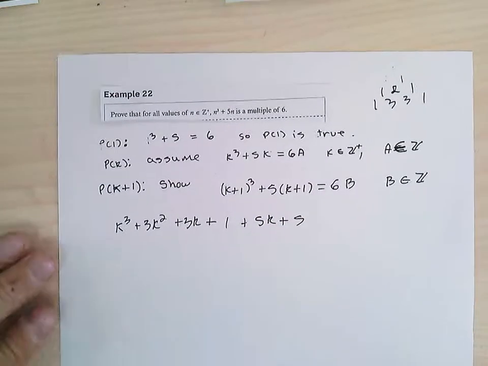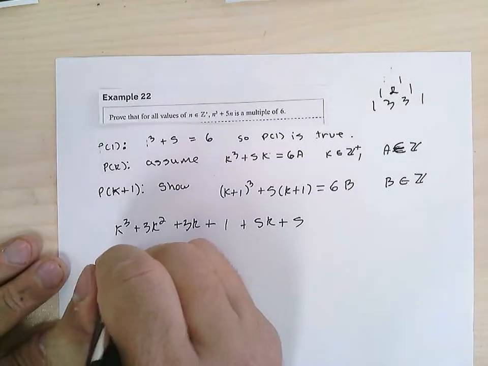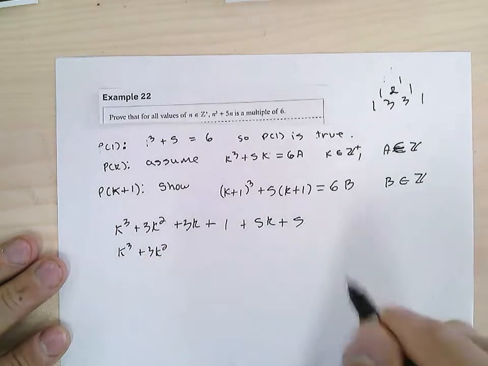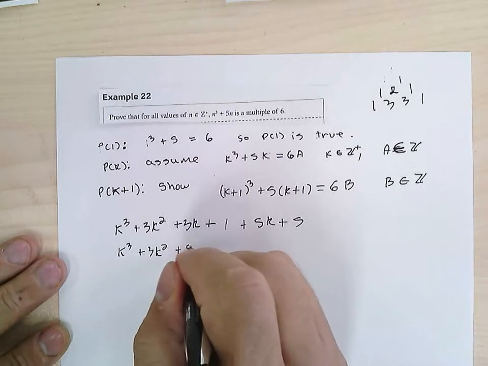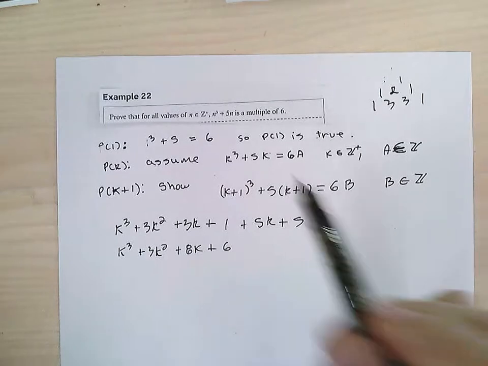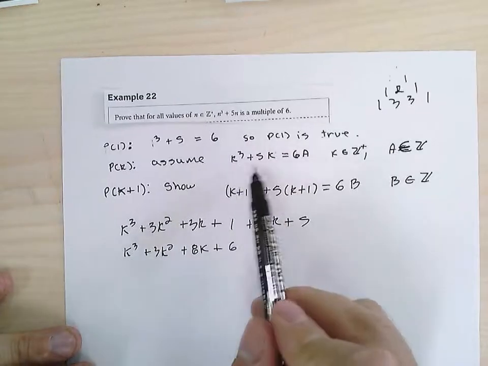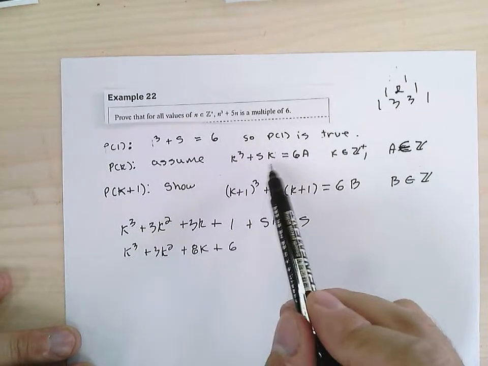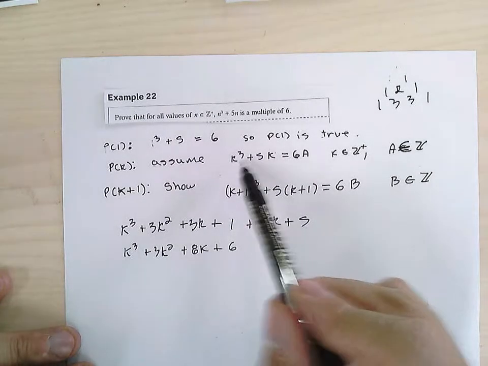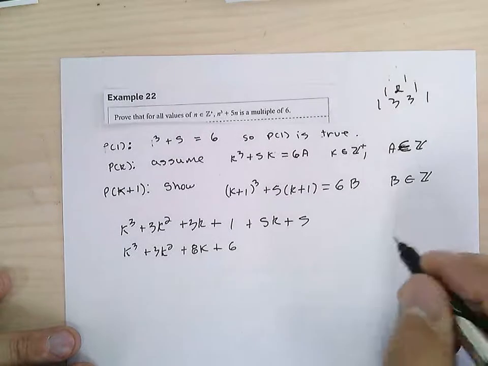Good. Simplify this a little bit. I'm going to have k cubed plus 3k squared, and got some like terms here, 8k plus 6. Now I don't have this to make it 6a. I could try to make it that way, but the easiest way is just to solve this expression like we did in the previous problem.